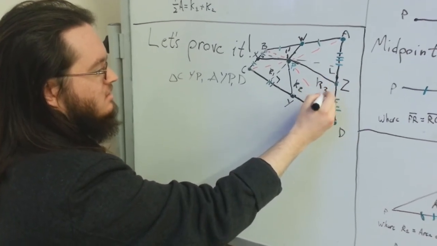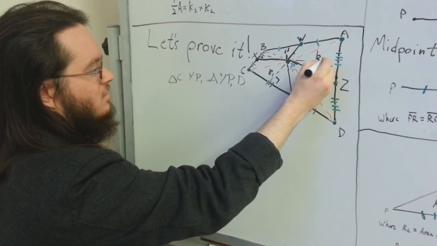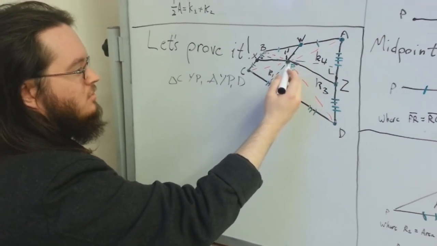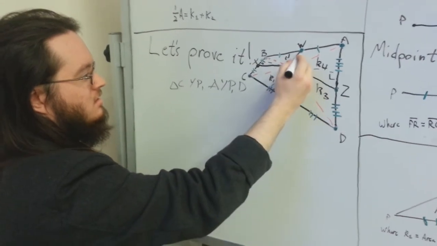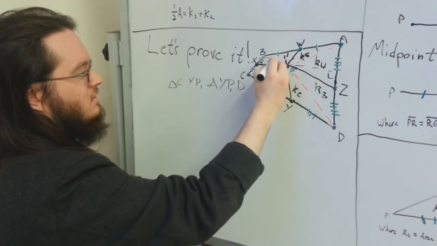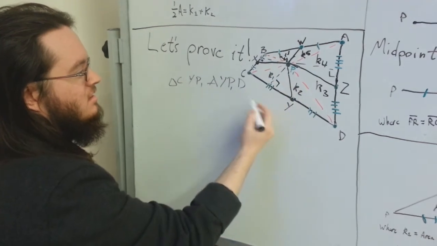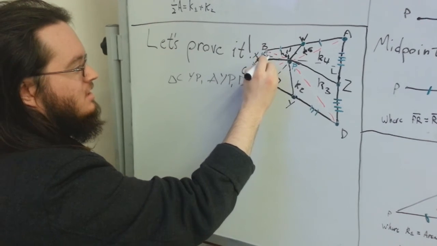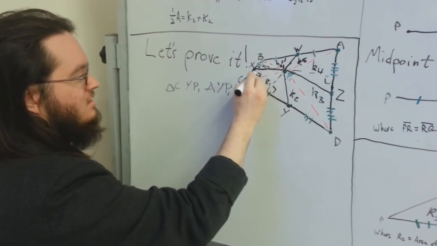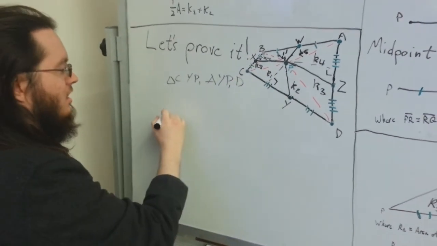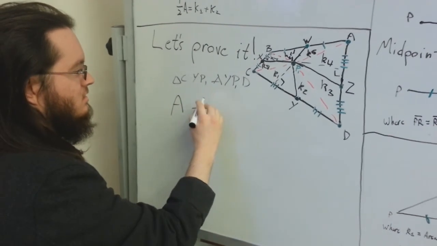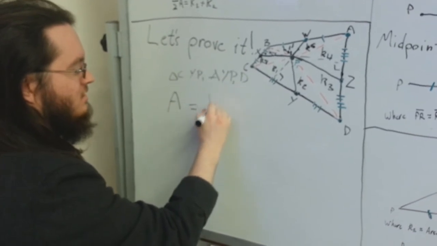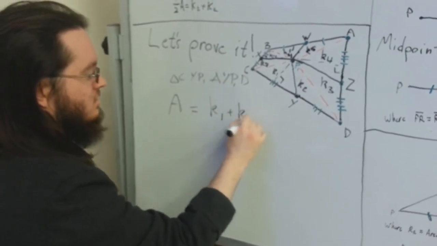Call the areas K3, K4. PAW equal to PWB. Call this K5, K6, and CPX and XPB. Call them K7 and K8, which means the total area of the quadrilateral will equal the summation of all of these interior triangles.